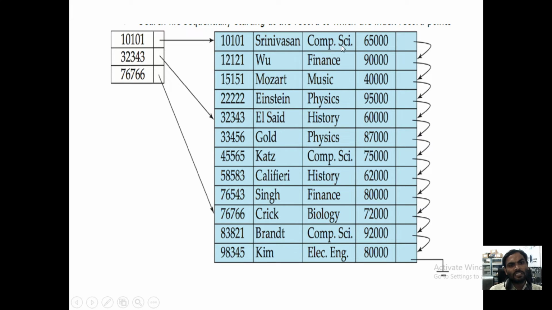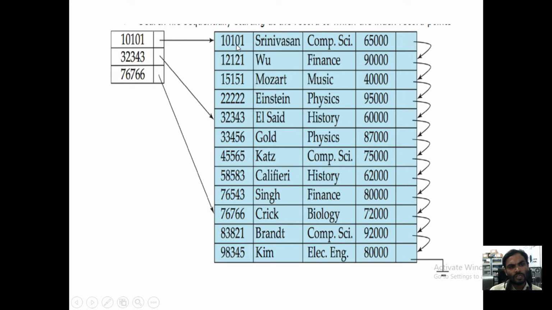Again, under the first index, it points to the second index. Under the second index, is this employee ID available or not? It is not available, so it goes to the third index. In the third index also it is not available.